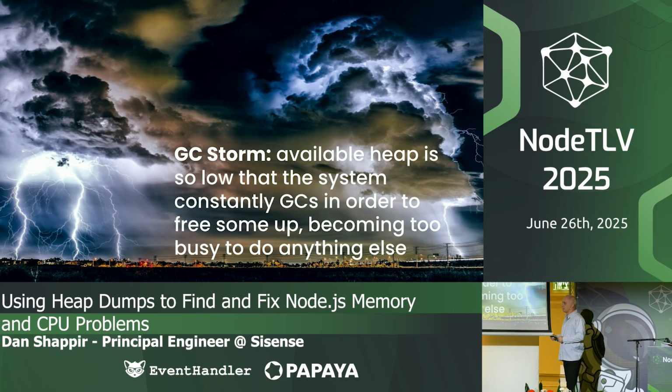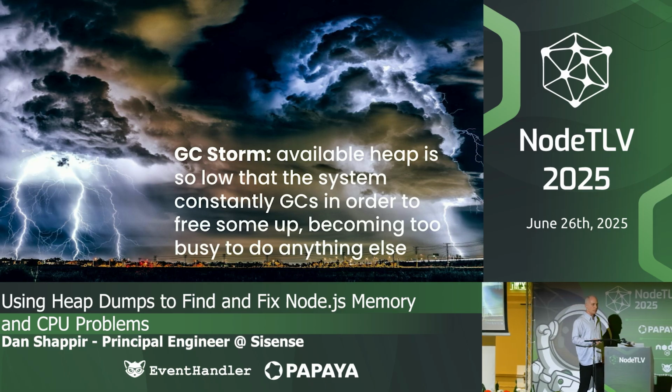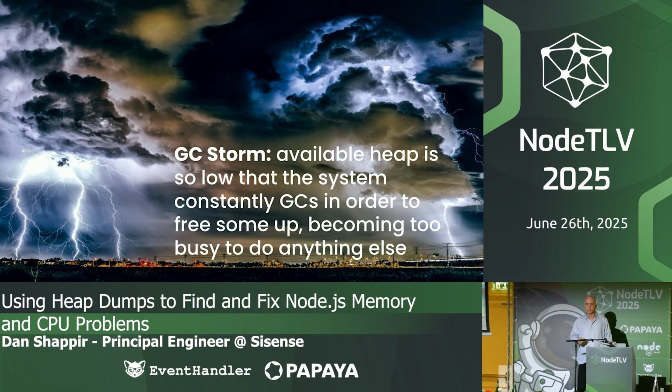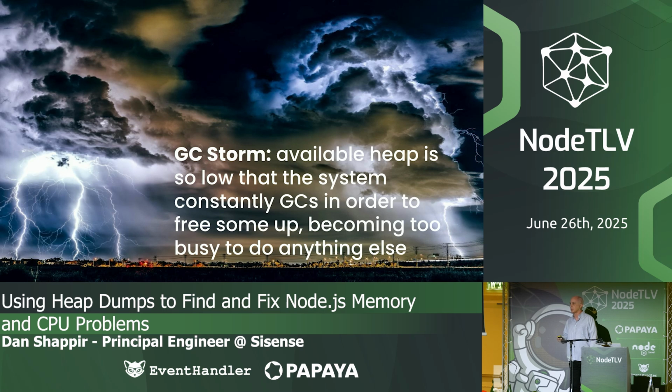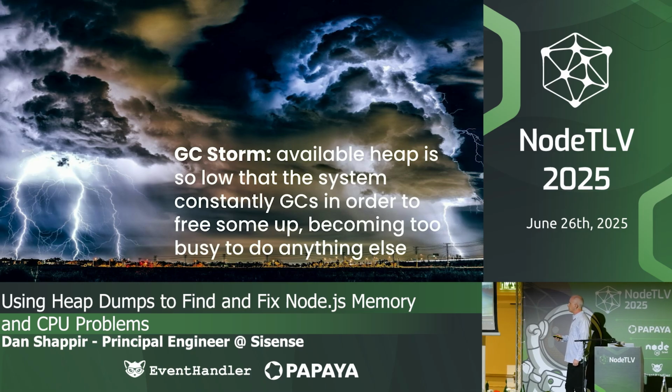Another important aspect is that a memory leak will not just impact your memory usage, it will also impact your CPU, and this is because of something called a GC storm. A GC storm is what happens when memory in the heap starts running low because of that leak, or because you're consuming memory at a rate that's higher than the one at which you're releasing it.